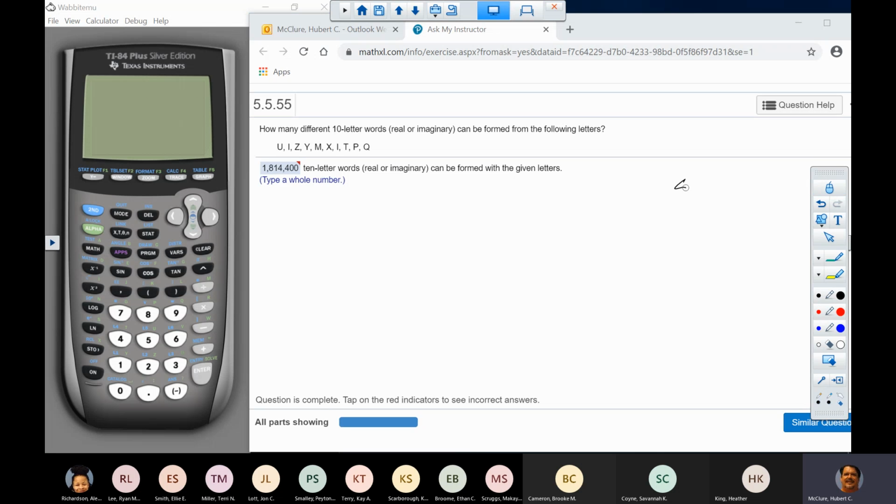If you're given a word like smile, how many different combinations? Well, 1, 2, 3, 4, 5, that would be 5 factorial, which I think is 120. Somebody check me. So there's 120 different combinations of those letters.